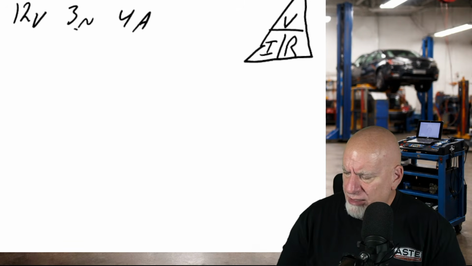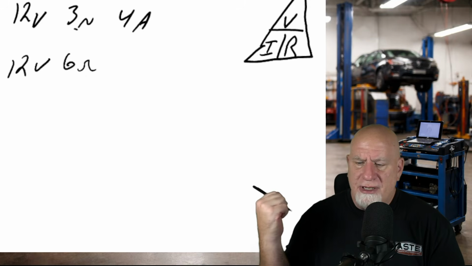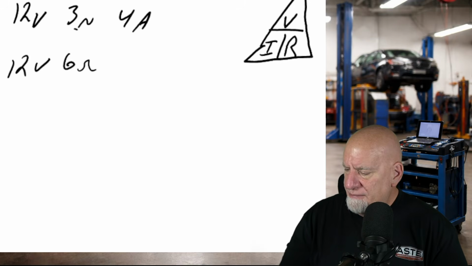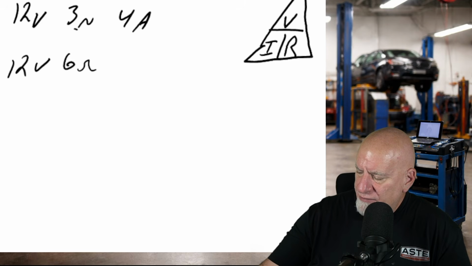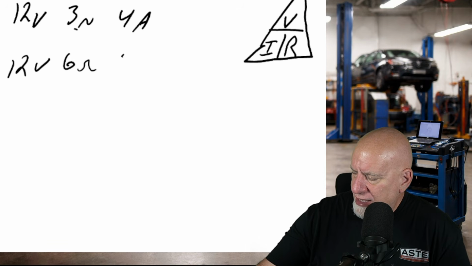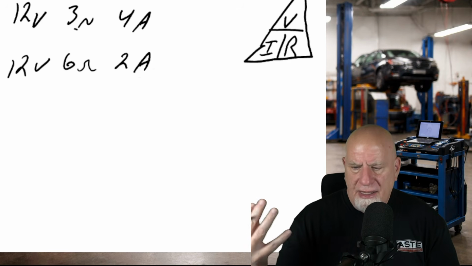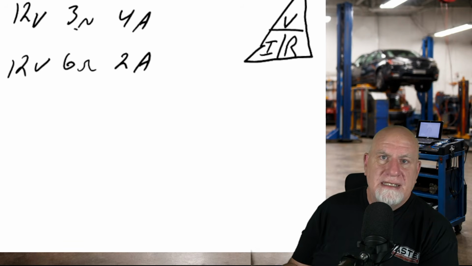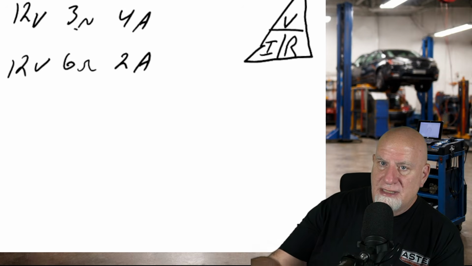If we were to double our resistance, so let's go 12 volts, 6 ohms of resistance now, what would our amperage be in that circuit just by changing the resistance? So now our voltage divided by our resistance, we should have 2 amps of current flow in that circuit. And now hopefully you're starting to see the relationship here. So I doubled our resistance there.